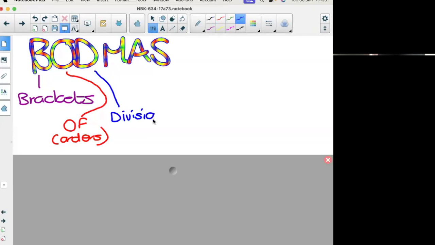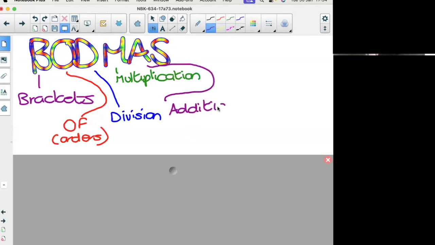So if I have a sum, it's got brackets, I do the brackets first. Then if it's got of, I do the of. Division, then multiplication. Then we move to the A. What's the A for? Addition. And the S is for? Subtraction.